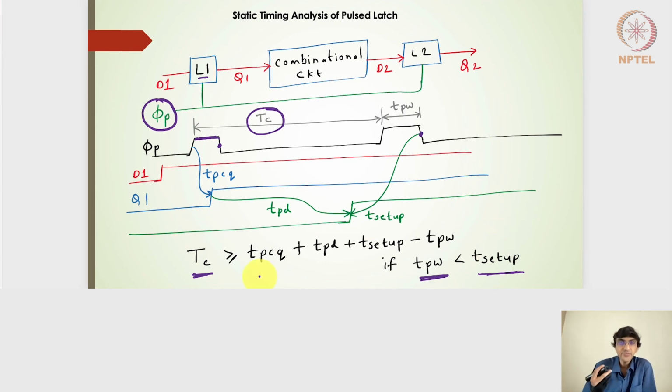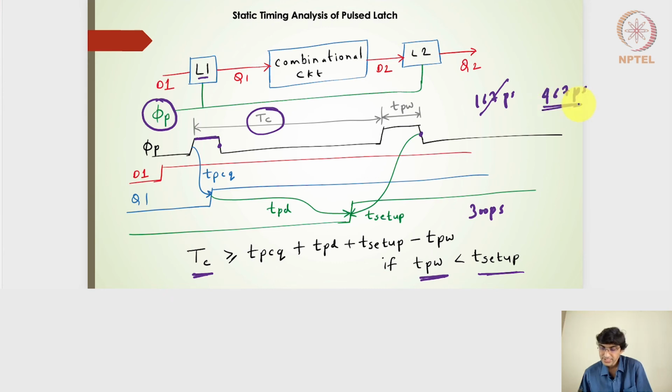Now, let's say TPW is 167 picoseconds and the T setup time is 300 picoseconds, then this expression is valid. What if I have TPW of 467 picoseconds instead of 167? It is actually very close to the clock level being high used for the latch design, right? So 467 picoseconds, and the T setup time as 300 picoseconds.